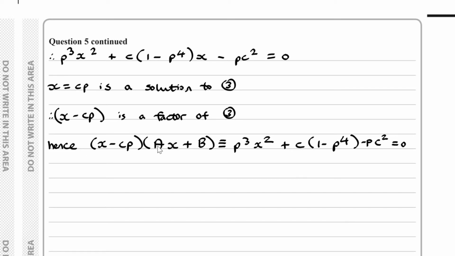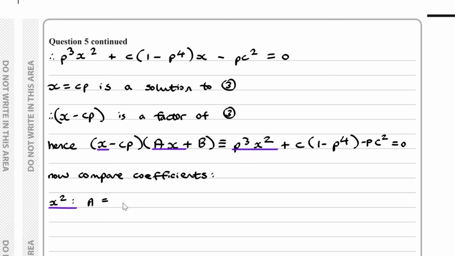And we can now find the values of a and b by comparing coefficients. So let's just write this down. Now compare coefficients. And if we do that, if we compare the x squared terms, on the left hand side we have x lots of ax of them. So we have a as our coefficient of x squared, and on the other side we have p cubed x squared.